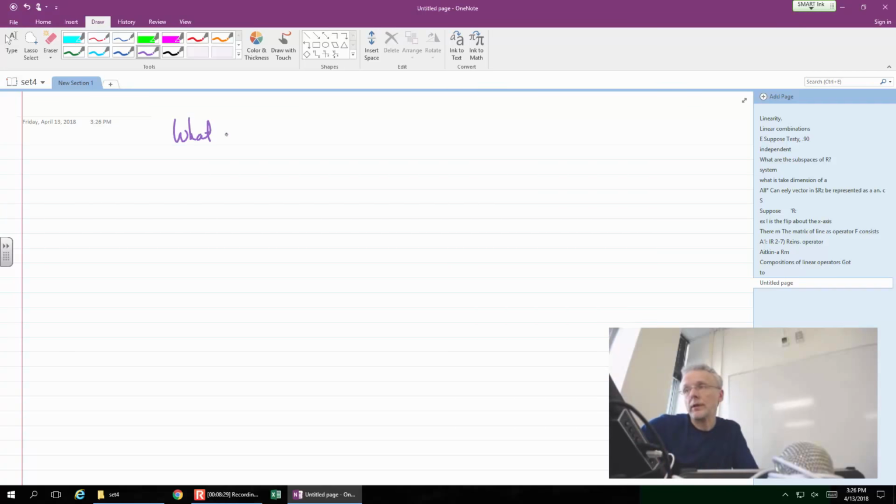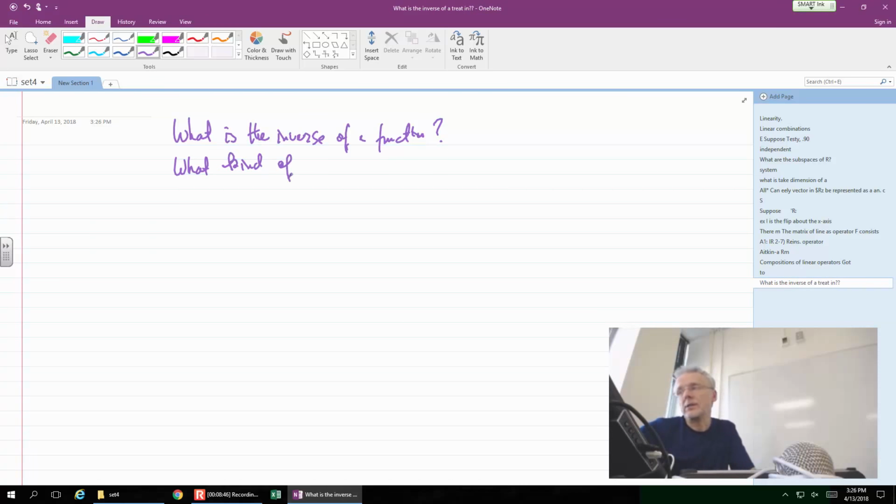So what is the inverse of a function? Really that is the wrong question. The right question is, even before we understand what it is, what kind of function has an inverse? Remember that from pre-calculus.